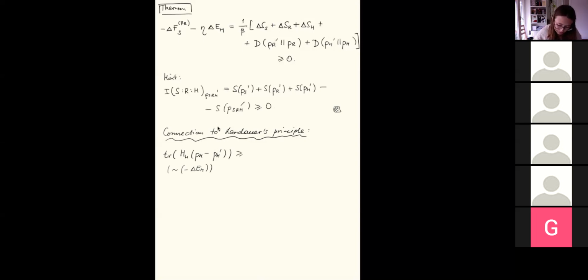And it's always lower bounded by the increase in free energy, which here we labeled as delta F_S. This is just F at temperature beta_R of rho_S' minus F at beta_R of rho_S.